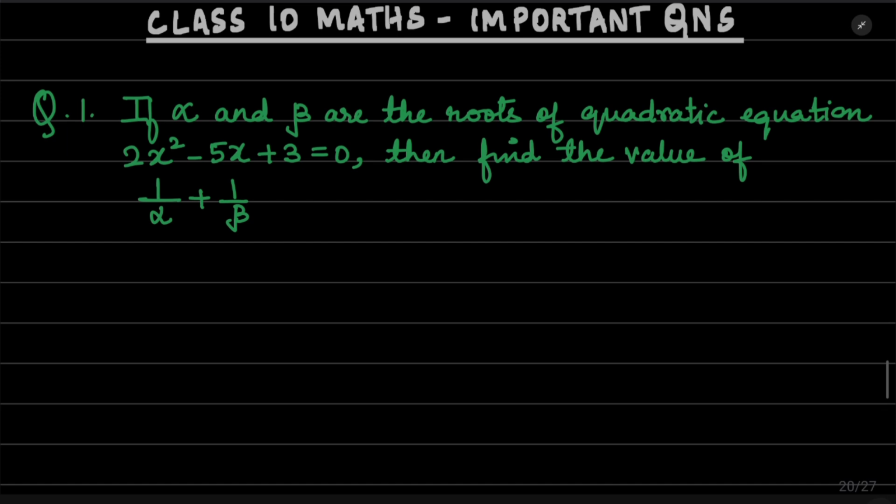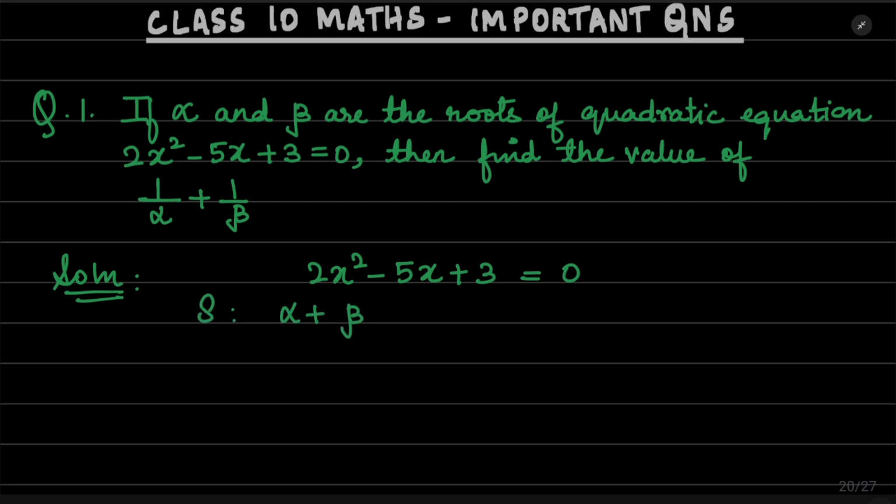Okay, so if you are given the roots, the solution will be, you are given the quadratic equation 2x square minus 5x plus 3 equal to 0, right? First of all, if the roots of the equation are alpha and beta, the sum of the roots, that is alpha plus beta, will be equal to minus b by a, right?